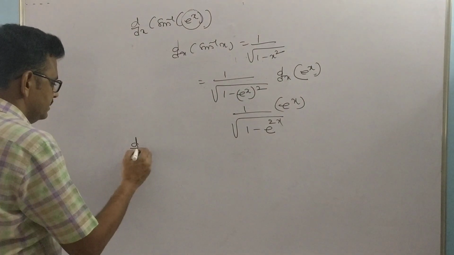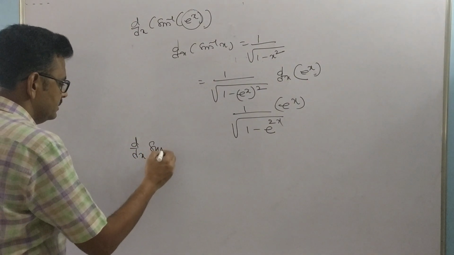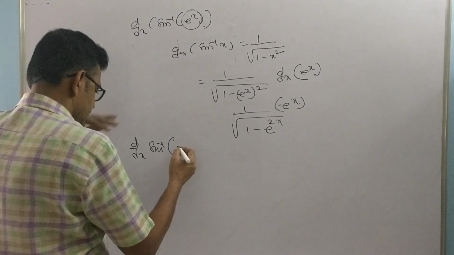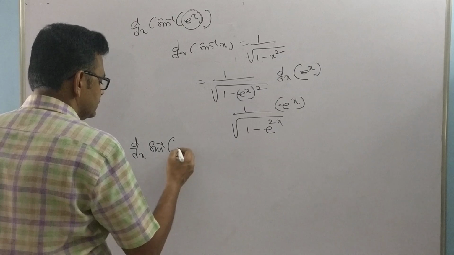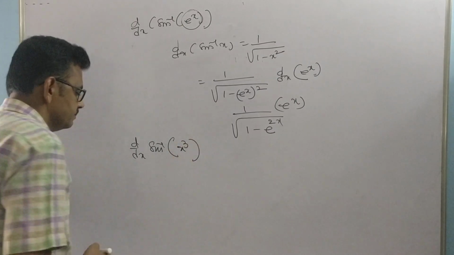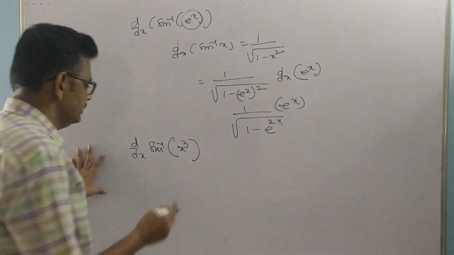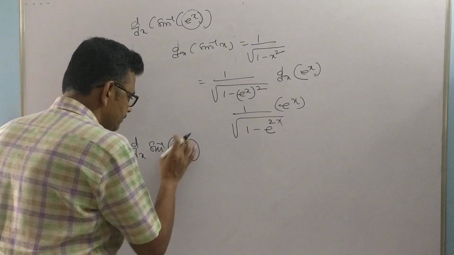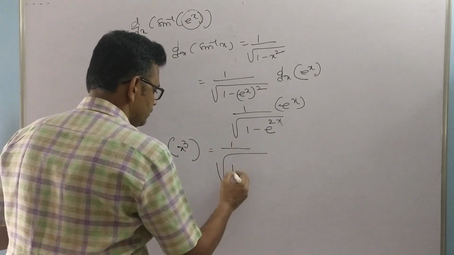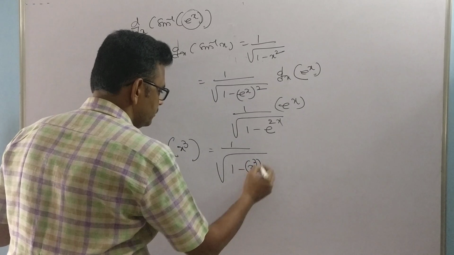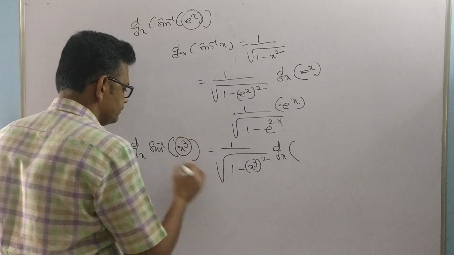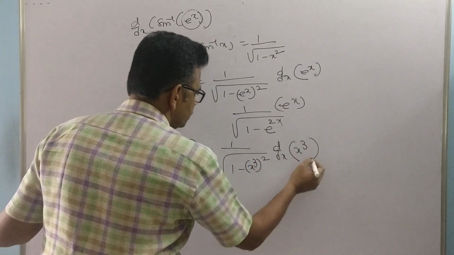Next one, derivative of sin inverse of x cube. So this is sin inverse of x form, treat it as x. What is the derivative? 1 by root of 1 minus x cube whole square, into derivative of this part, derivative of x cube.